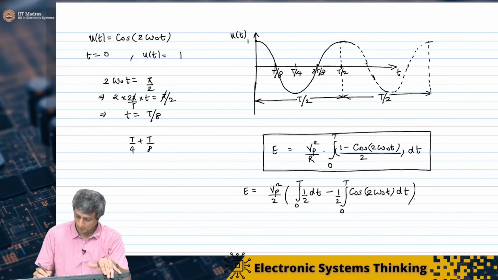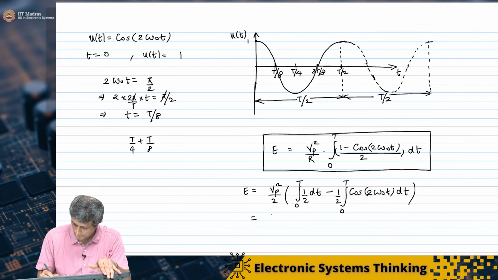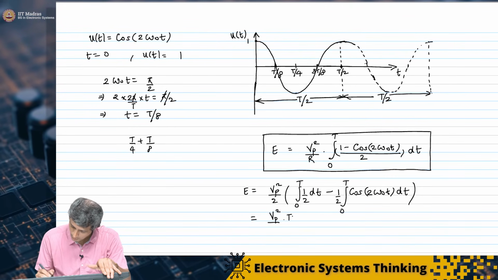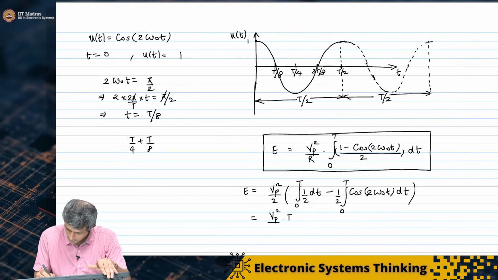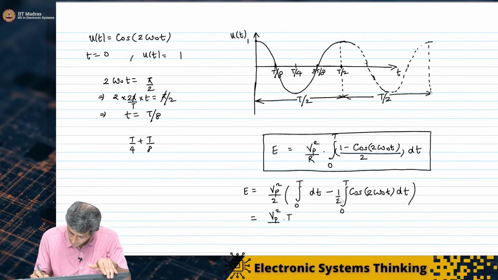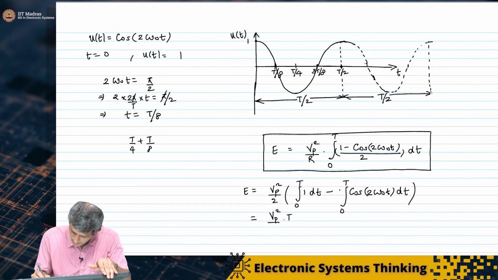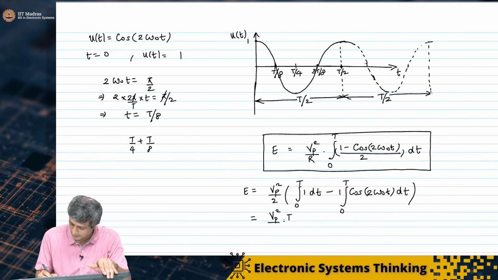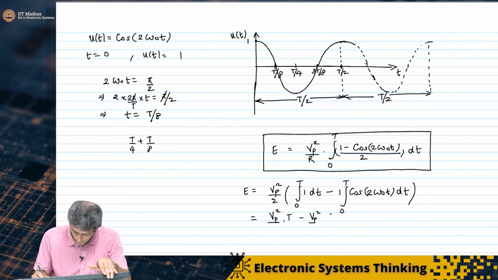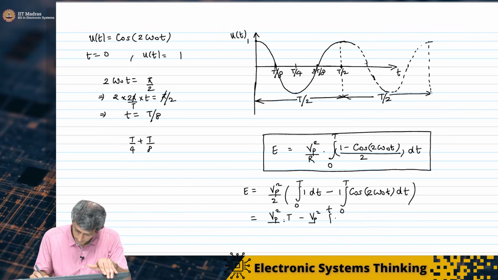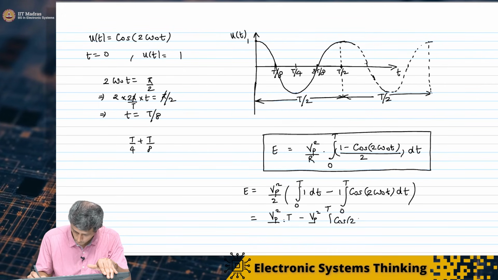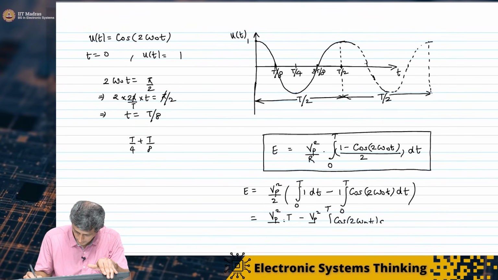Oh no, I have removed the 2 out here, sorry. So this is just 1, this is also 1, into Vp squared by 2 into T minus Vp squared by 2 integral from 0 to capital T of cos of 2 omega naught t dt.